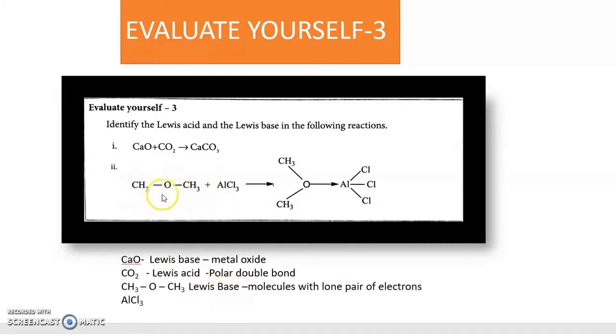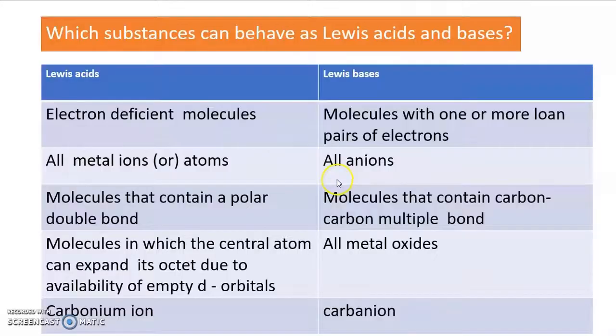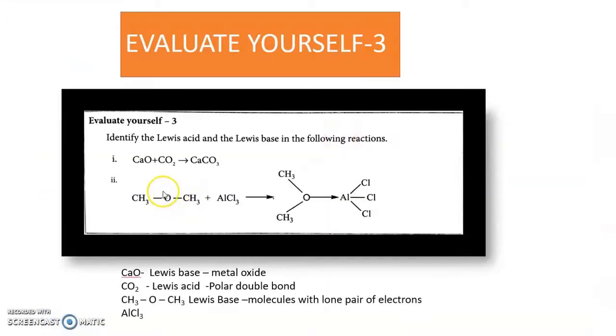Why is it a Lewis base? Molecules which contain lone pairs of electrons behave as Lewis bases. Dimethyl ether contains 2 lone pairs of electrons, so it is a Lewis base. And aluminum chloride is an electron deficient molecule.